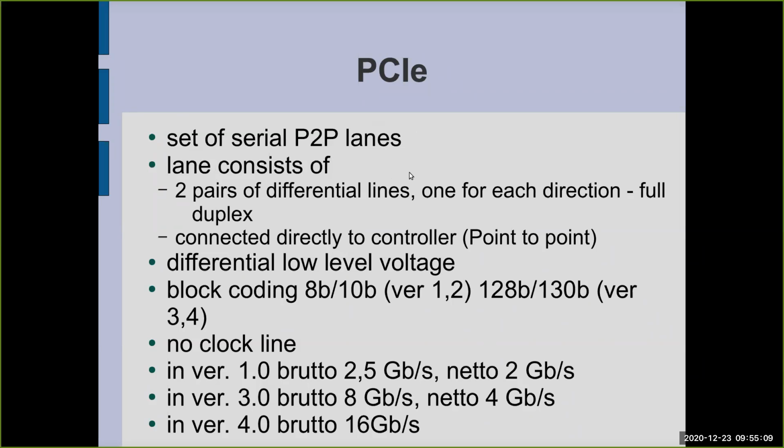The subsystem which is used to communicate between 2 devices using PCI Express is called a lane. A lane consists of 2 pairs of differential wires, one for each direction. So in fact we have 4 wires which are used to communicate in full duplex mode.